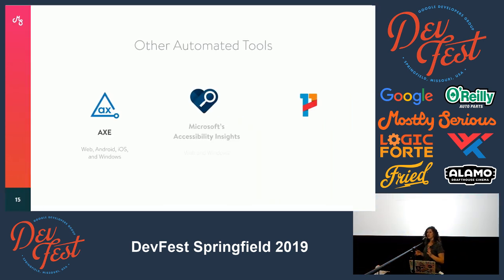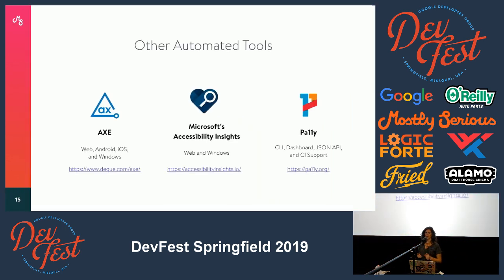So for the people that already know all about Chrome's audits, or already have something that they're doing and thinking about this stuff, I wanted to include a few other automated tools that can take your work to the next level. So the first thing here is Axe, which was actually built by DQ. And it has tools for web, Windows, iOS, and Android.